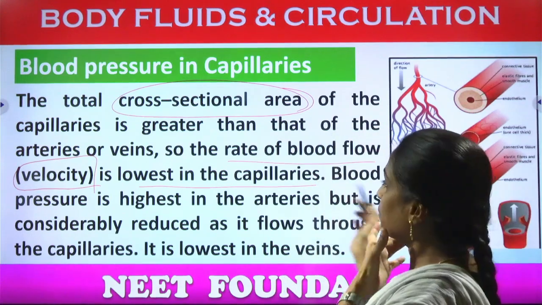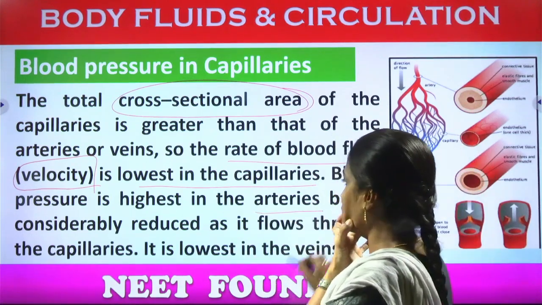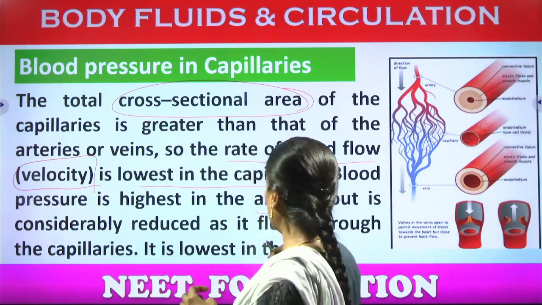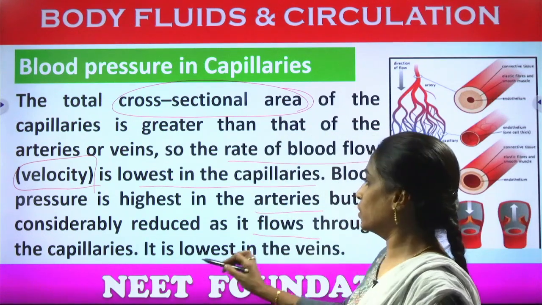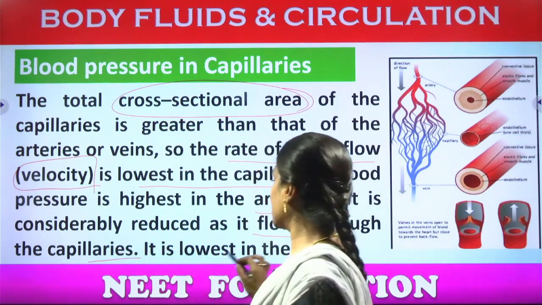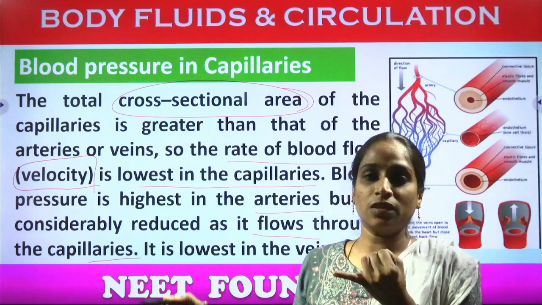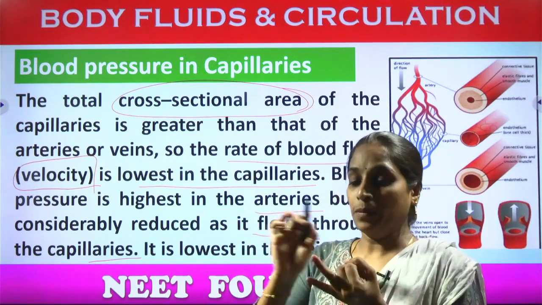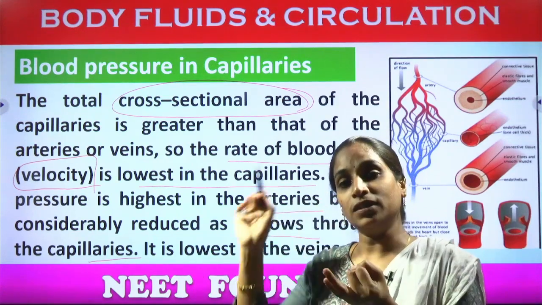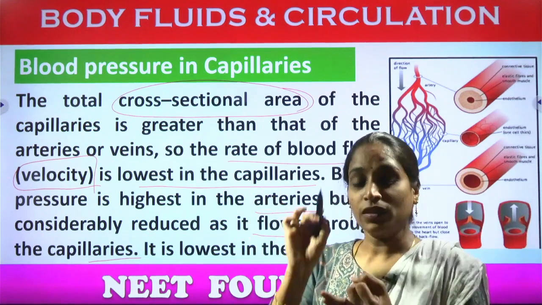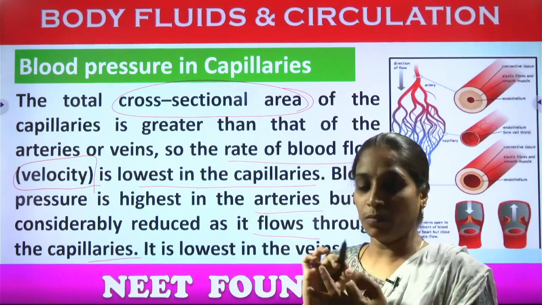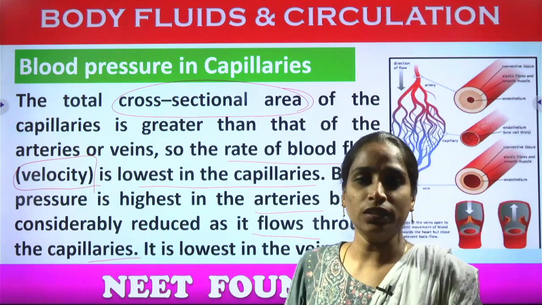So the blood pressure is highest in the arteries but is considerably reduced as it flows through the capillaries. It is lower than in the veins. Blood pressure is first in the arteries and arterioles, and lower than in the arteries in the veins. Compared to these two, the blood pressure is completely low in the capillaries.